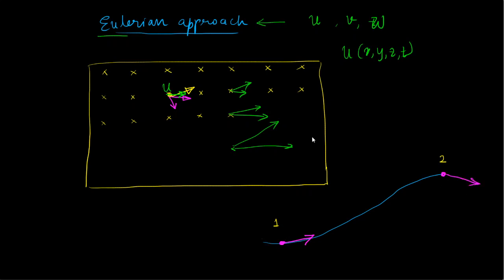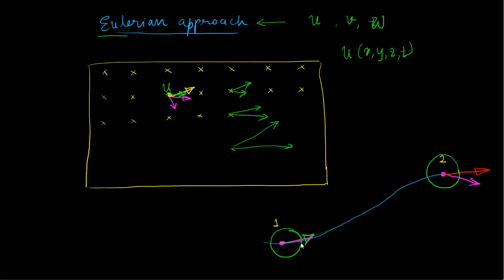Now a particle originates at this point, and because of this particular velocity, it proceeds to go along this trajectory. Now by the time this particle reaches this point, the velocity might change. The velocity can become something like this, and let me draw the particle over here.